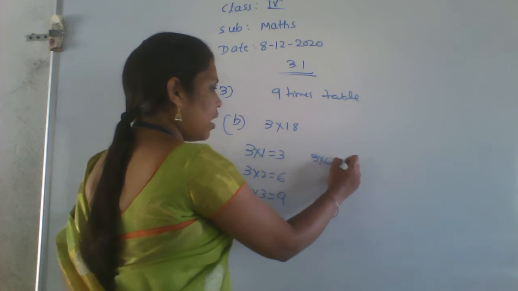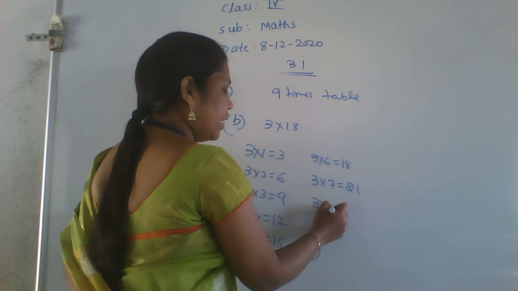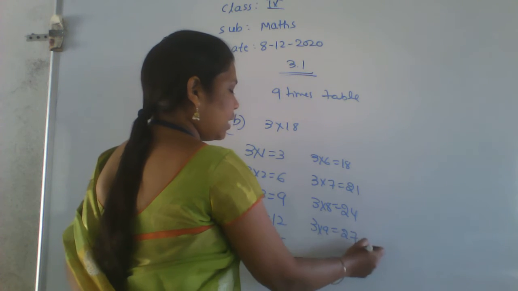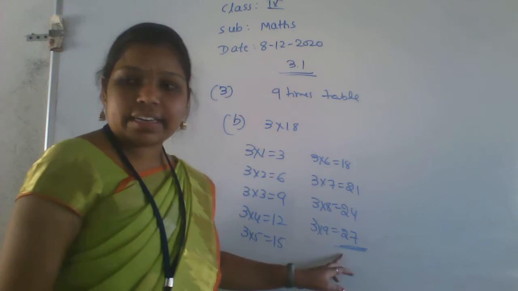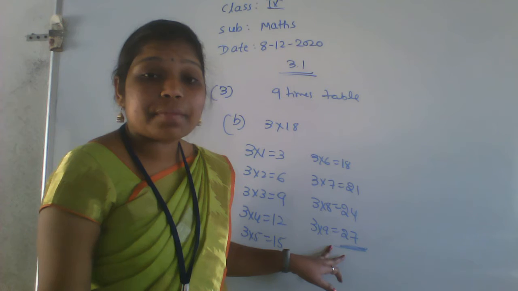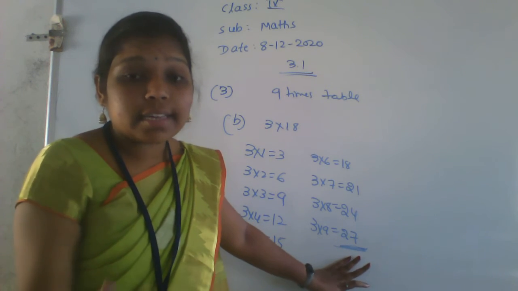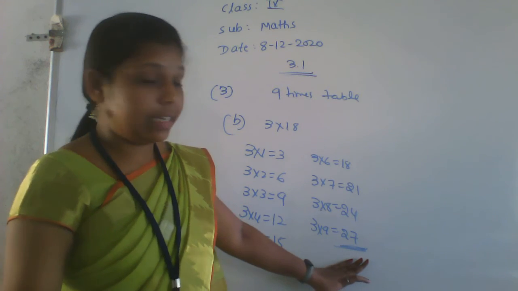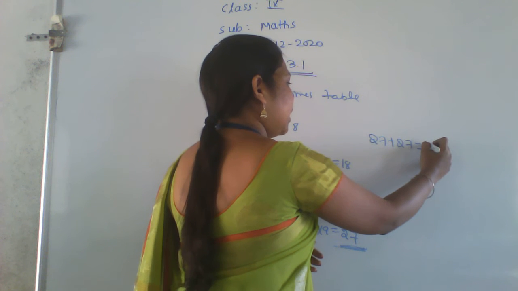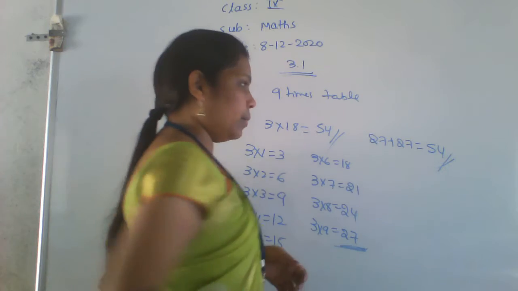Next, 3 6s are 18, 3 sevens are 21, 3 eights are 24, 3 nines are 27. Okay, this 27 is there right here. 27, the 9 times table. What is the 9 times table value here? 27. Double this means 27 plus 27. Do here, 27 plus 27. Answer is 54. So here 54 is the answer.